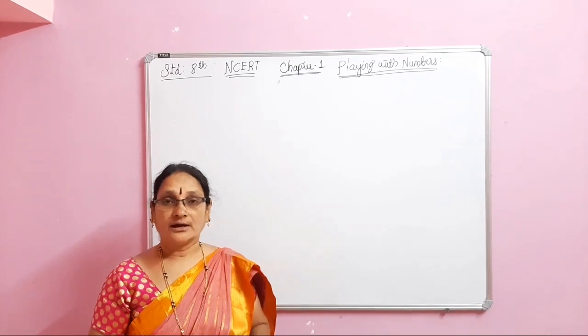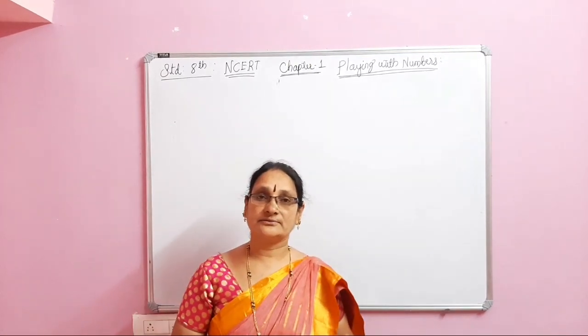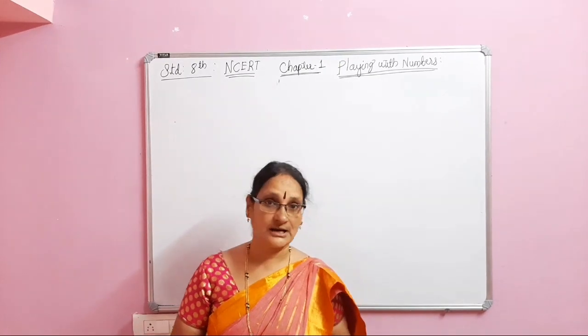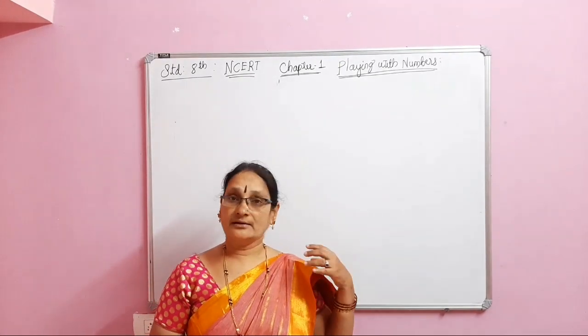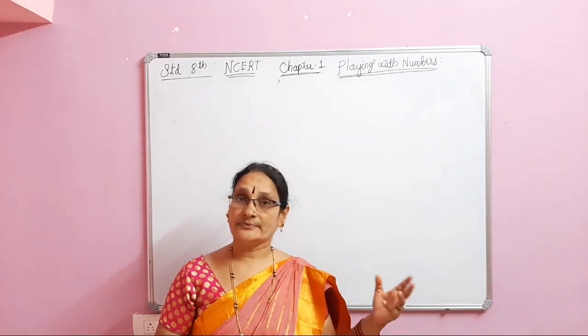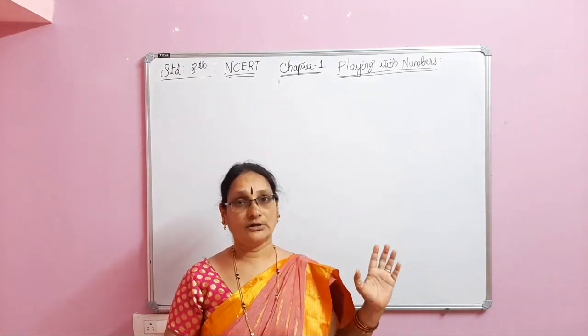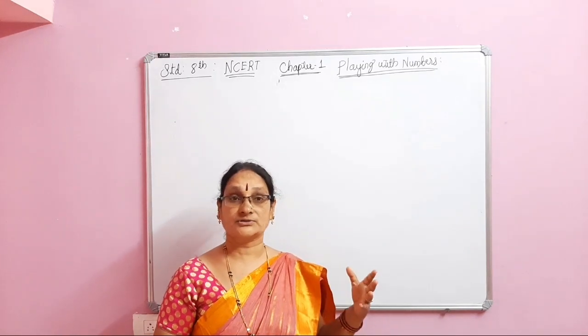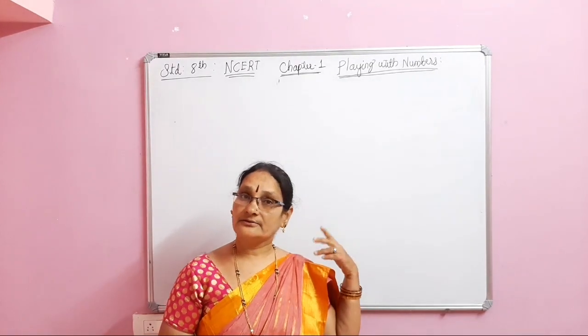Before that, you already know about natural numbers, whole numbers, integers and rational numbers, and in my basic class I have explained all those. If you have any doubt, you can clarify it with my basic videos.